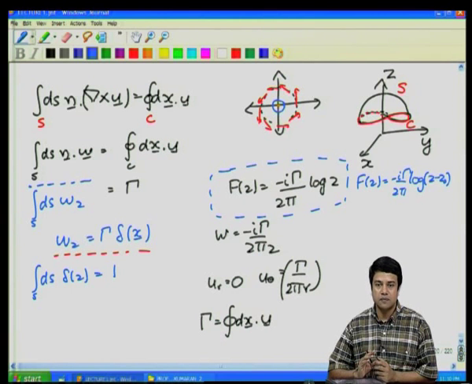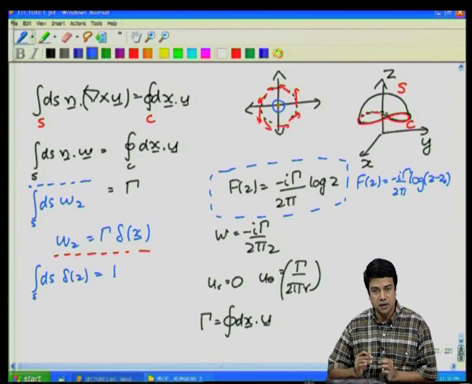I told you that potential flow is irrotational. This flow is also irrotational everywhere except at the origin. Only at the location of the line vortex is the vorticity non-zero. In fact, it is a delta function, which is integrable. So the intensity goes to infinity, and the thickness or the area goes to 0, in such a way that the product is finite.